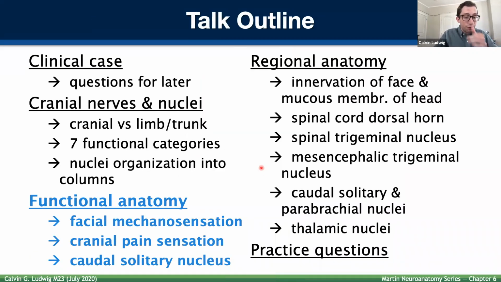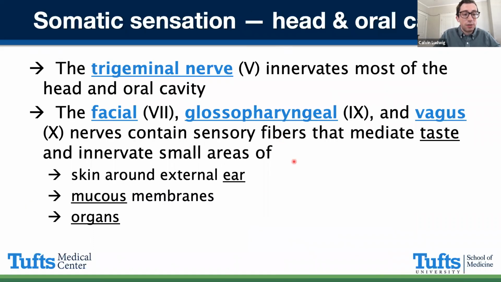Okay, moving on to functional anatomy next. So first, the trigeminal nerve. It's a big part of our talk, the trigeminal nerve here, the trigeminal system. It innervates most of the head and the oral cavity.